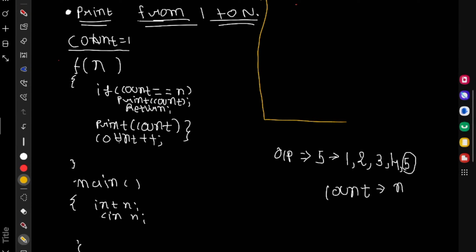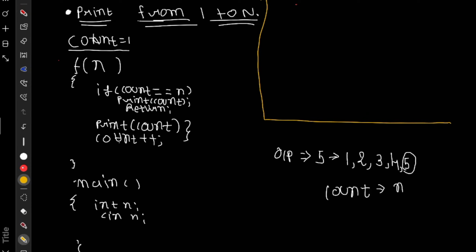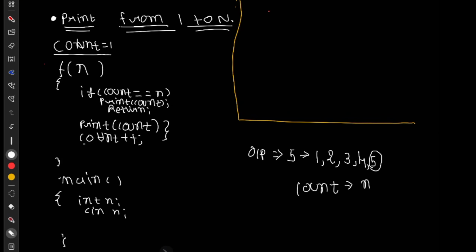Let's understand this code by a recursion tree and an example. After the increment of count, I call this function recursively, and inside the main function I call this function for n.